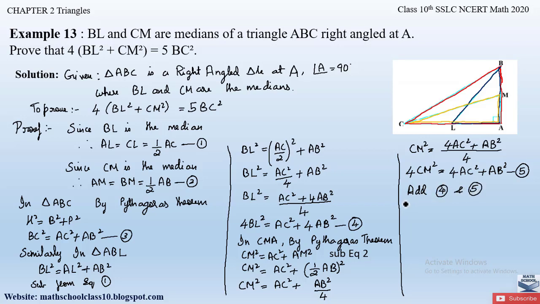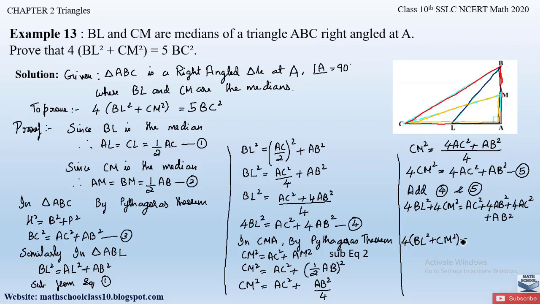Adding equations 4 and 5, we will get 4BL square plus 4CM square is equal to, adding the right hand sides of both equations, AC square plus 4AB square plus 4AC square plus AB square. Okay, on the left hand side, 4 is common, so let us take out 4 common and we will be left with BL square plus CM square.